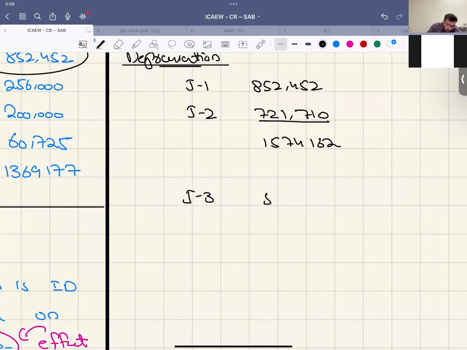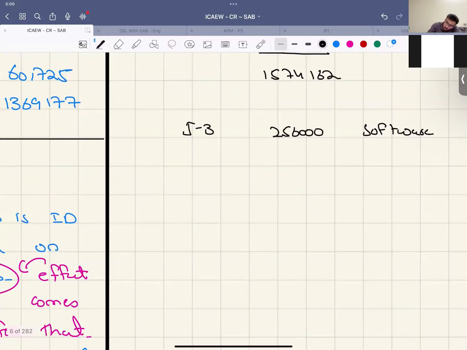And then J3 is software. The general 3 is software. It's going to be 256,000. So guys, let's do this. 1,574,162 divided by 3, right, into 6 upon 12.